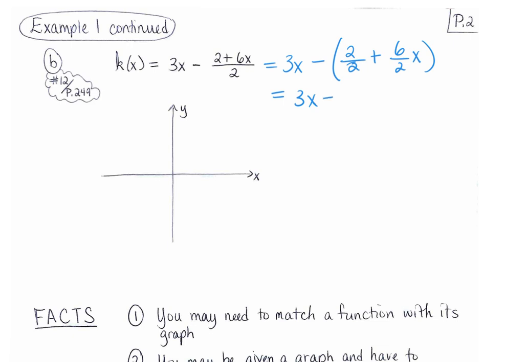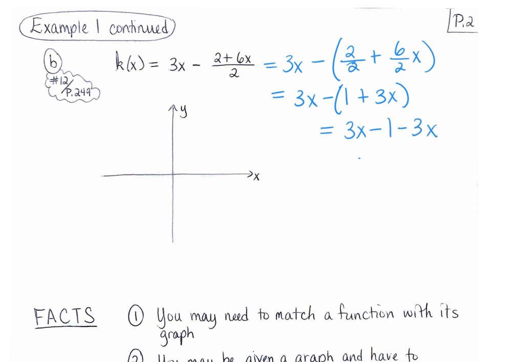3x minus 1. Do we have a parentheses anywhere, or are we just writing minus 1? Parentheses in front of 1, plus 3x. Parentheses. Okay. And now what? 3x minus 1 minus 3x.